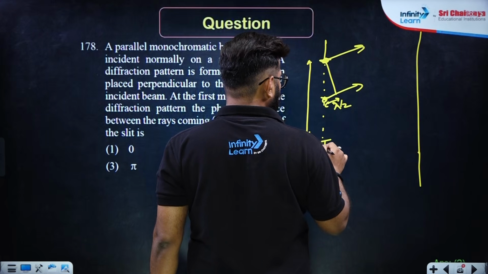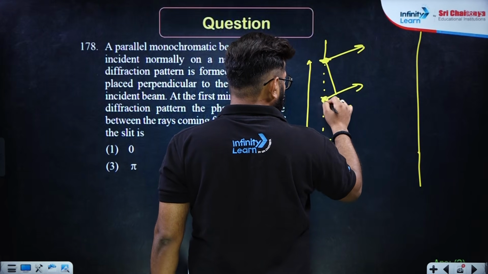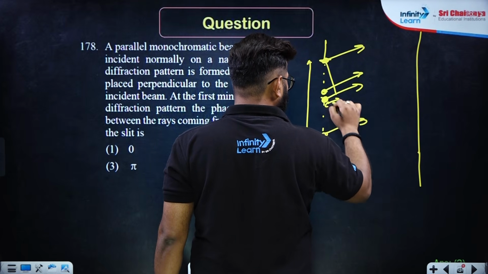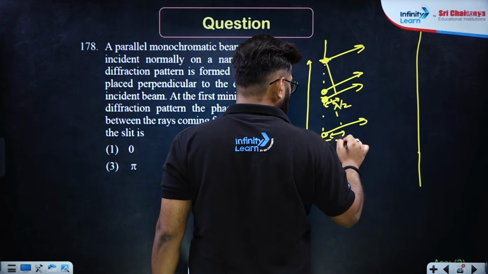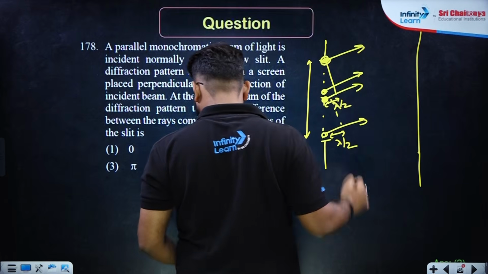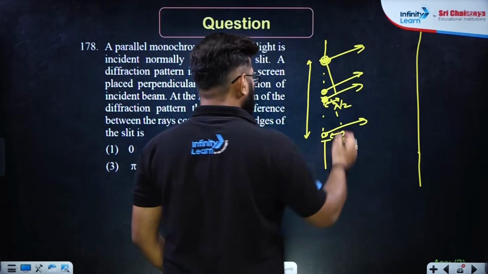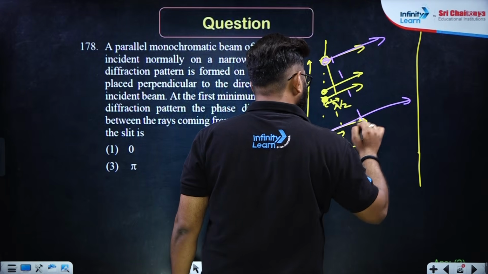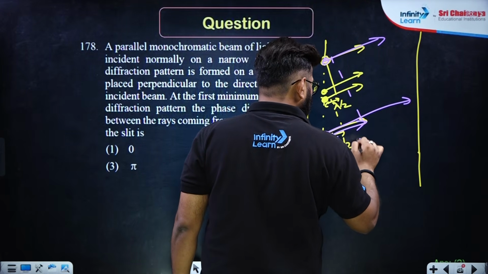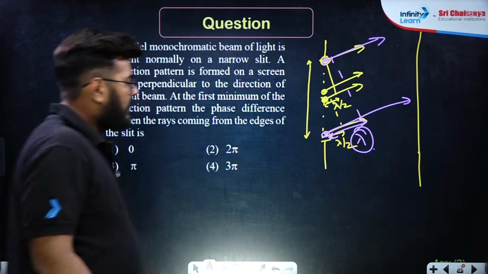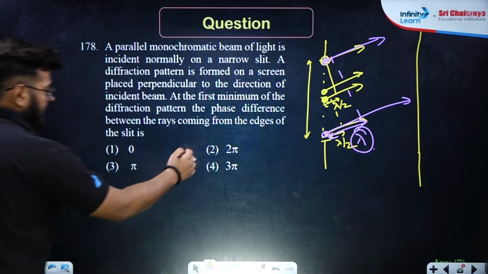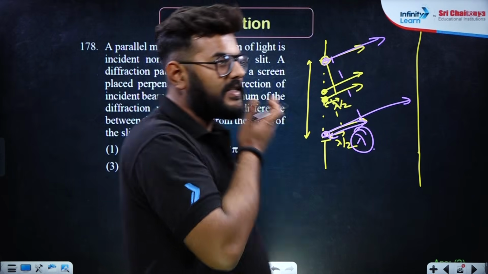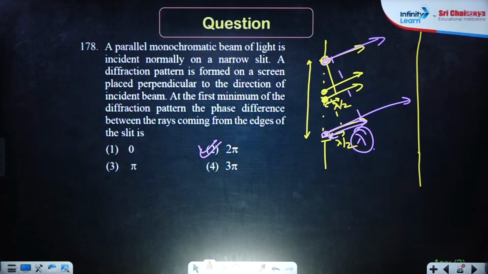Correct? Similarly, this wave over here and this wave over here will also have a path difference of lambda by 2. So if you talk about this wave in particular and this wave in particular, which is what the question is asking, they will obviously have a path difference of lambda. Lambda stands for 2 pi phase difference. If the path difference is lambda, the phase difference stands out to be 2 pi.